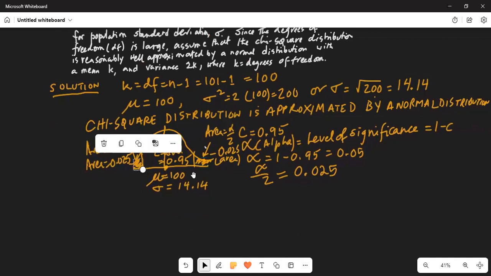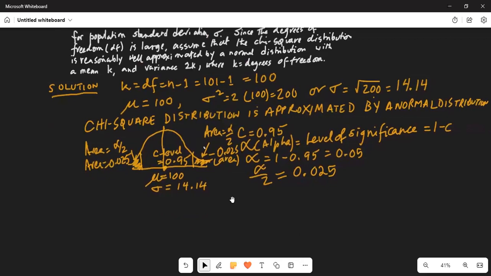We need to find these critical values because they separate the most probable region, which is in the center with confidence level 0.95, from the left tail, which has 0.025, and the right tail, which has 0.025.